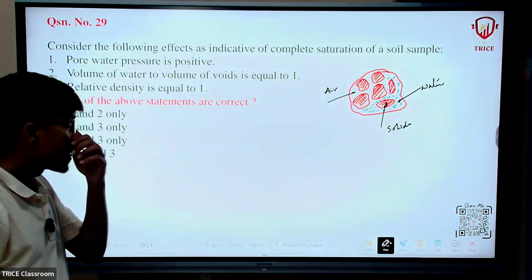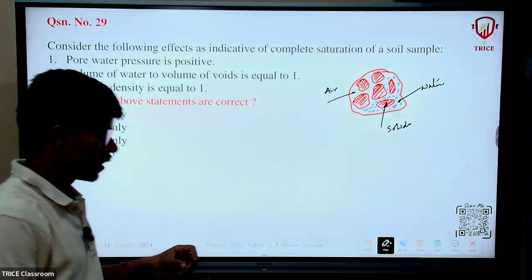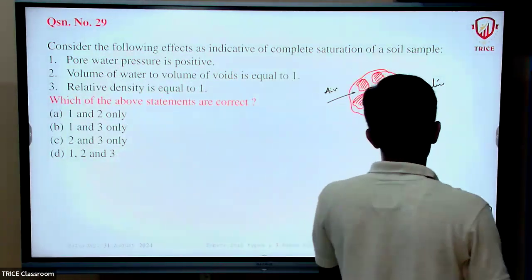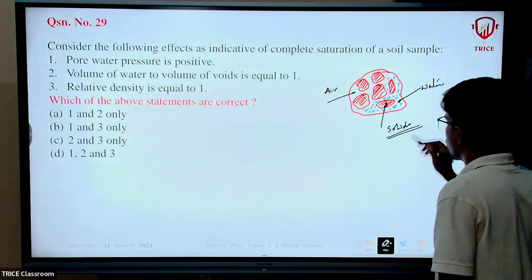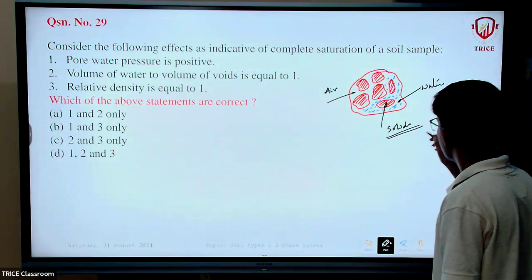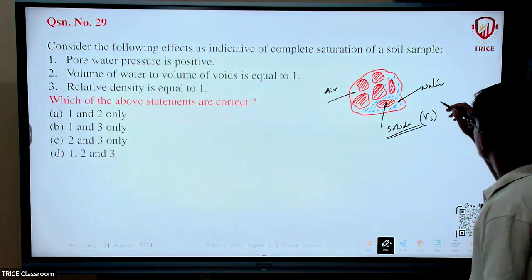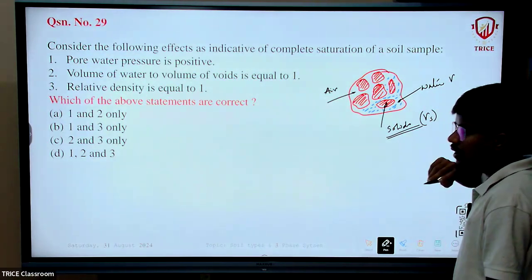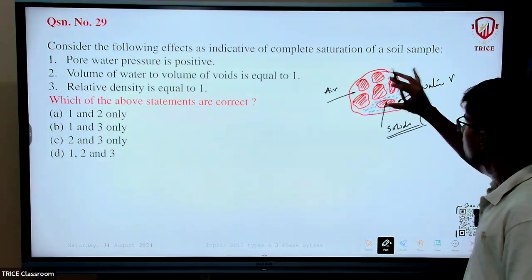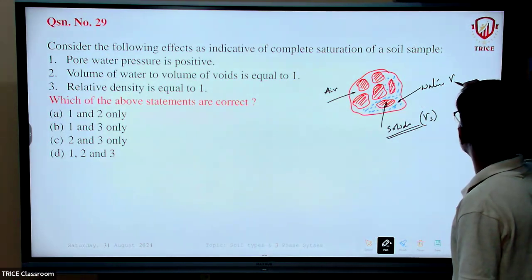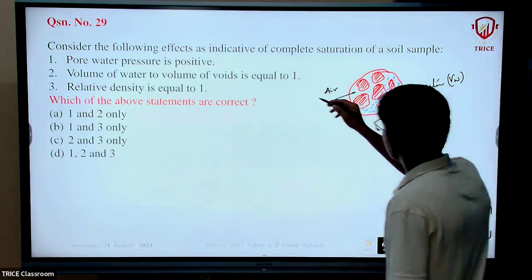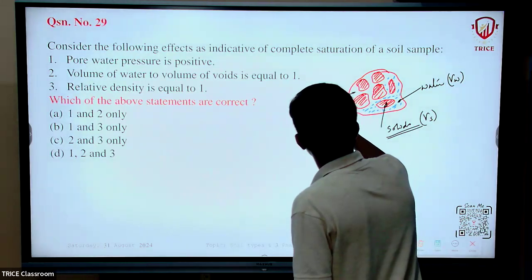So you can observe we can easily measure the gravimetric as well as the volumetric terms for the solids. The volumetric term is the volume of solids, and corresponding to the quantitative analysis, the volume of water present in the voids will be VW, and the volume of air will be VA.